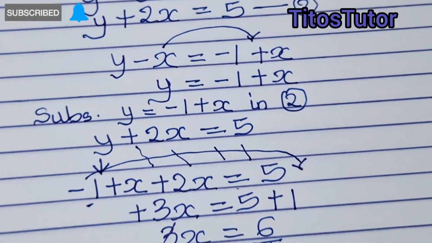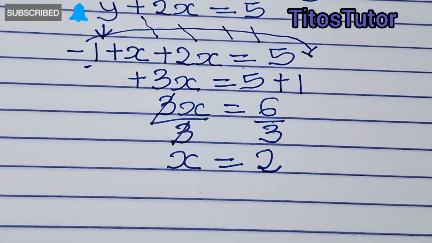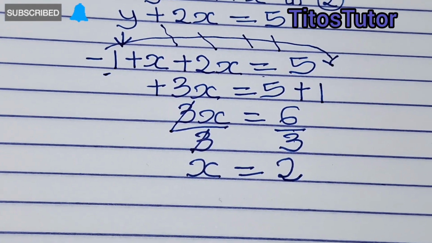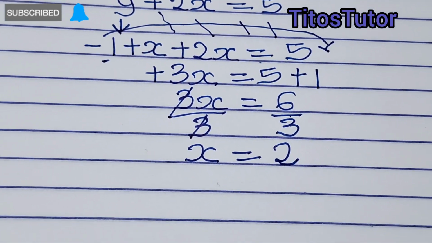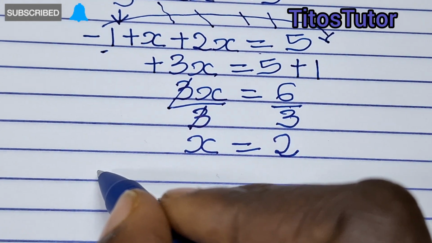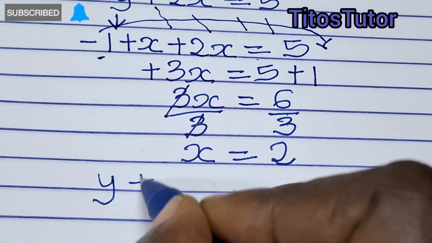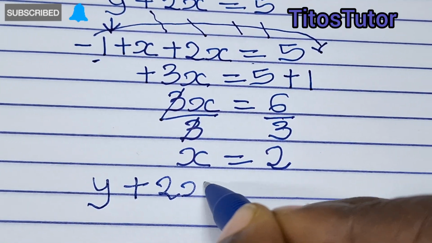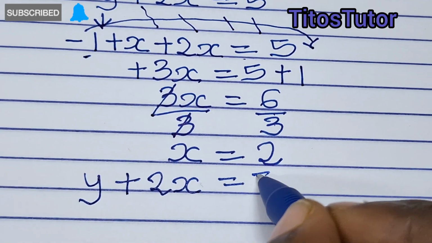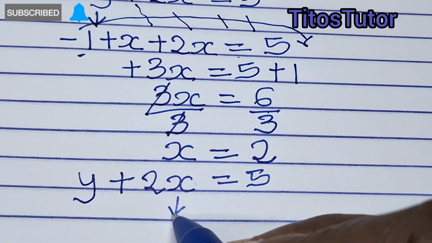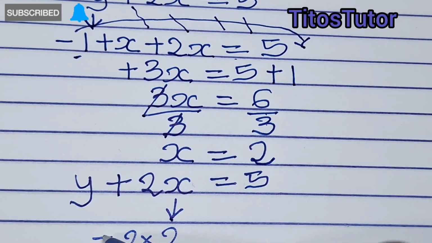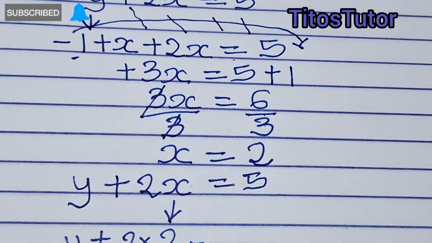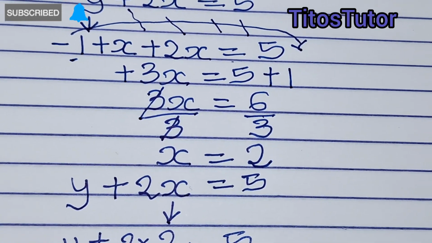So I'm going to come back and write equation 2, put in 2 as x, and solve for y. Okay, so here's my equation 2. It says y plus 2x is equal to 5. Anywhere I see x, I put 2. So it's multiplying 2 plus y is equal to 5.